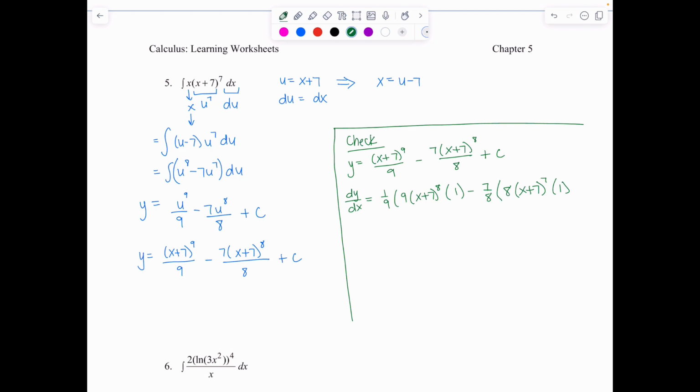So now we've got 9 over 9, 8 over 8. This is going to give us (x plus 7) to the 8th minus 7 (x plus 7) to the 7th.